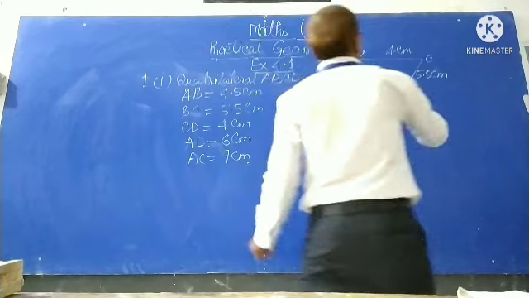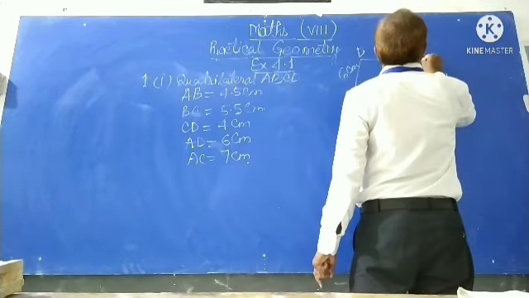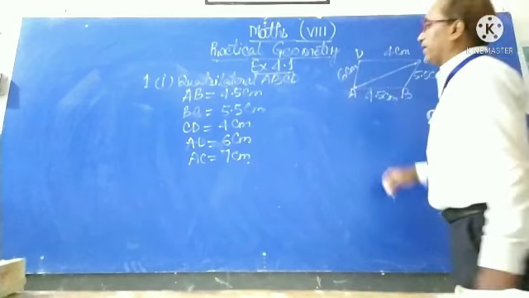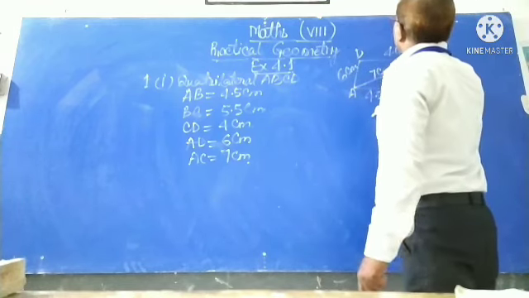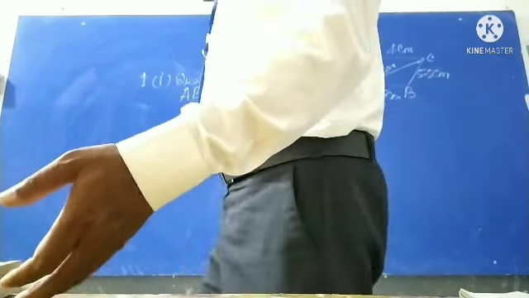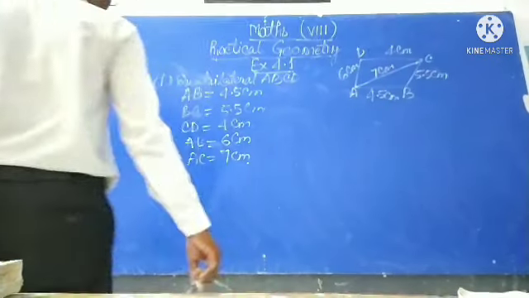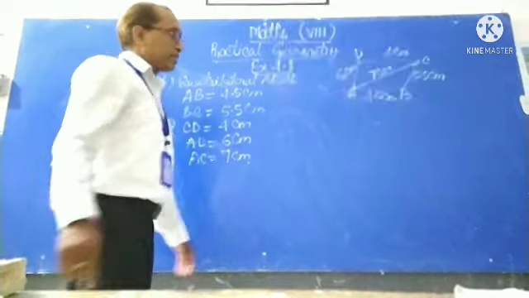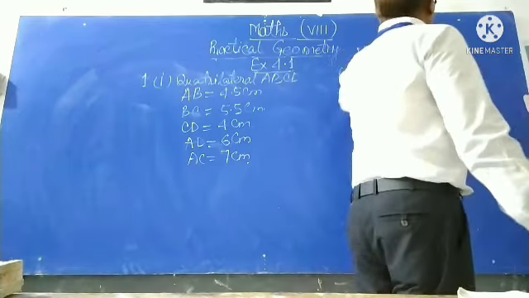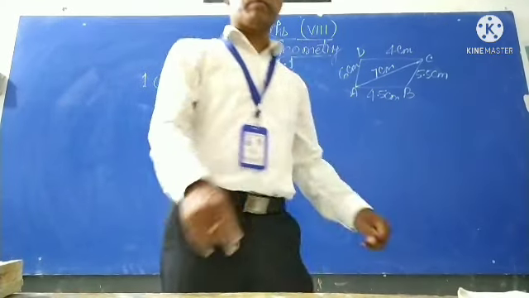And AC, the diagonal, is given here, which means 4 sides and 1 diagonal are given. From the first condition of construction, you construct a quadrilateral ABCD where 4 sides and 1 diagonal are given.